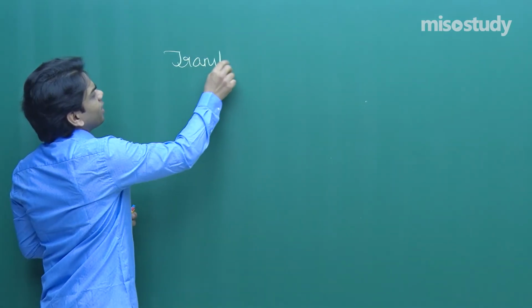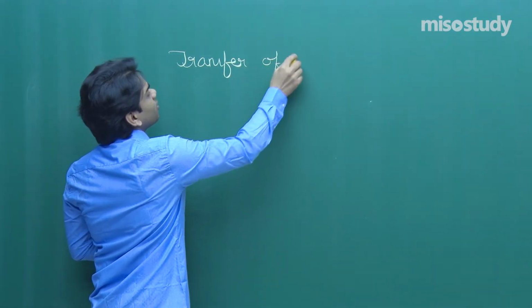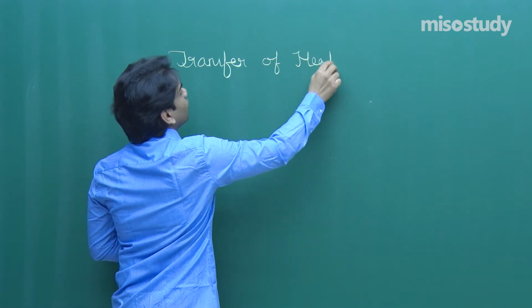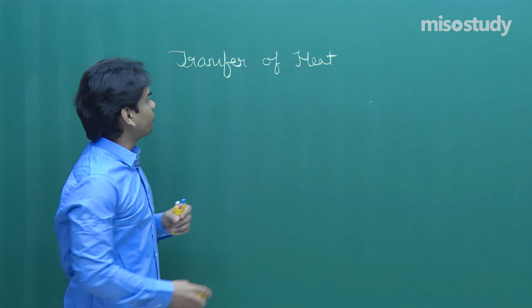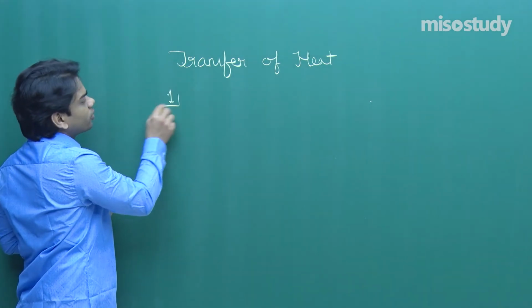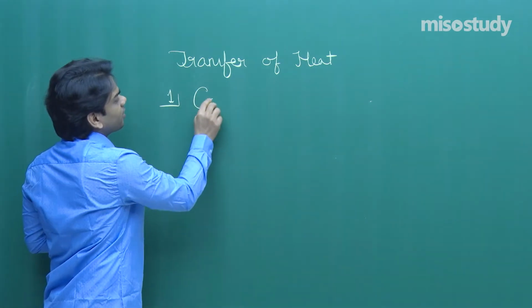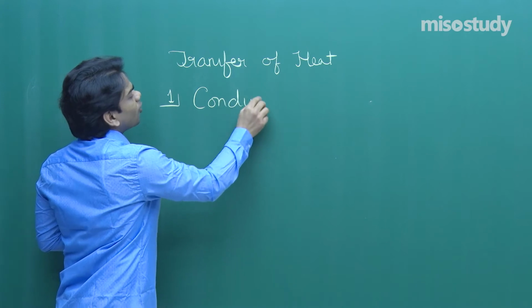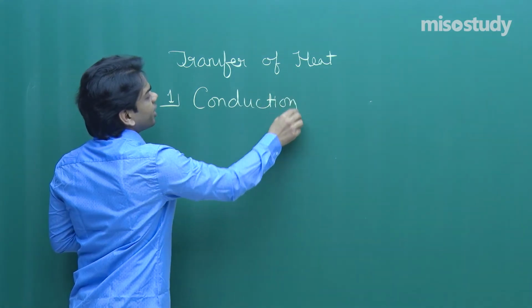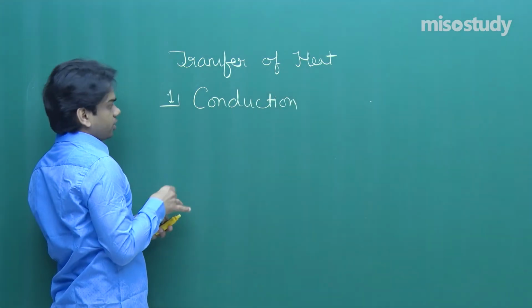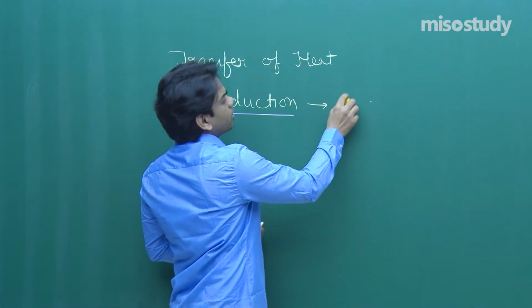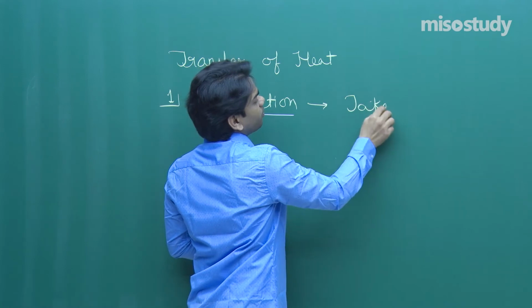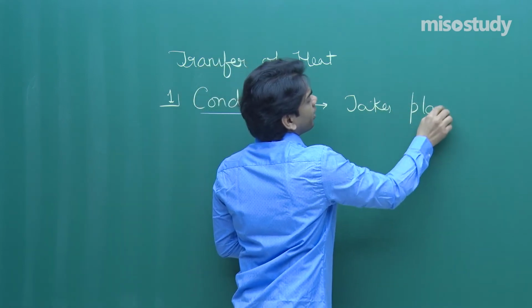So transfer of heat, that is how heat is transmitted from one body to another or from one place to another. Now see, the basic method of transmission of heat is conduction. Conduction generally takes place in solids.